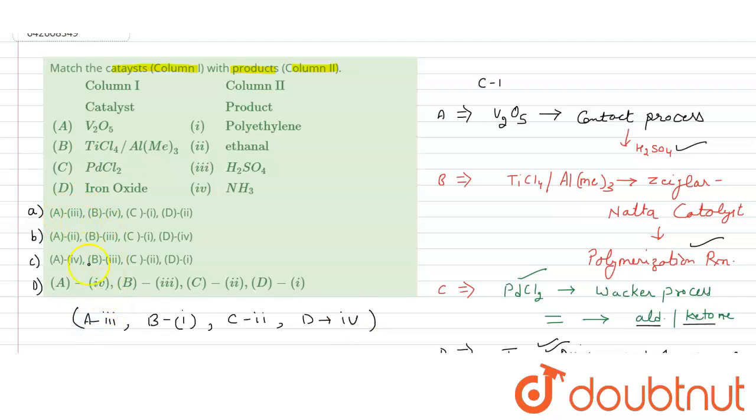Option A: third. And B: second, B: fourth. But we are getting B first, so this option is eliminated. Option A becomes a wrong answer.